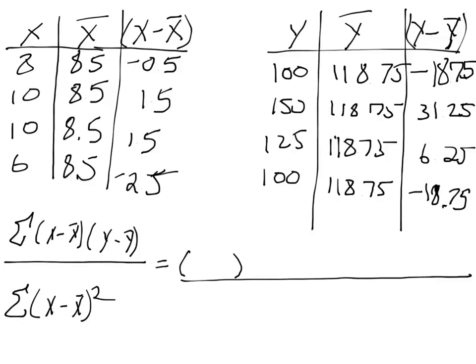For the first observation, this is negative 0.5 multiplied by negative 18.75, plus 1.5 multiplied by 31.25. So this multiplied by that.